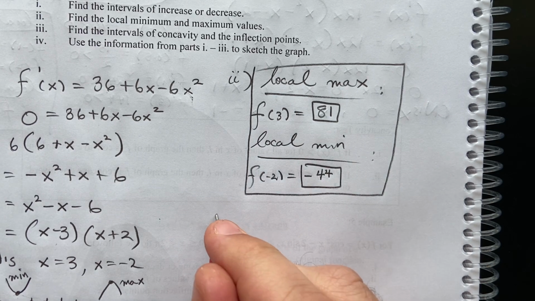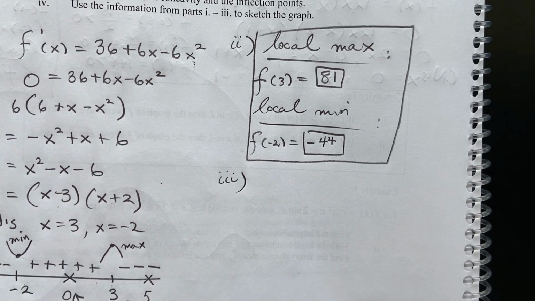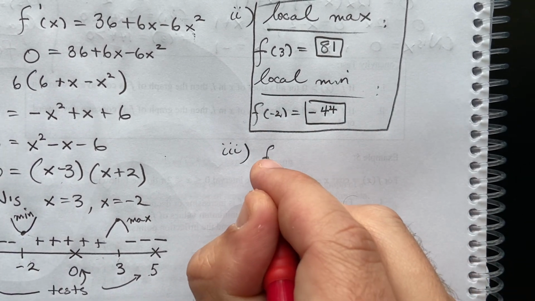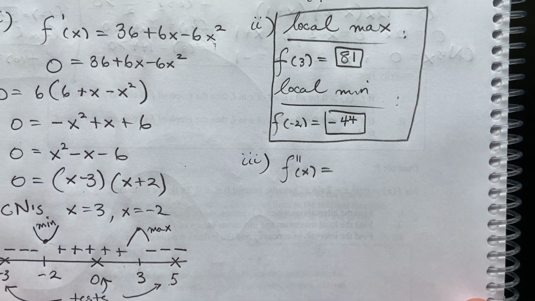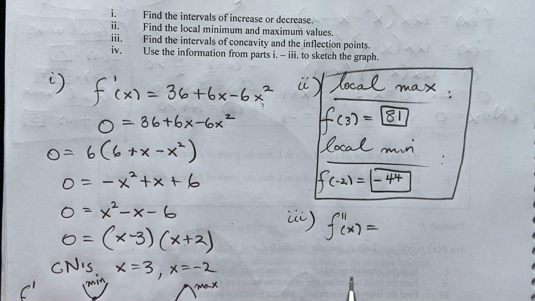Okay, so part 3 says find the intervals of concavity. So for concavity, we're now talking about the second derivative. Okay, so we'll have f double prime. So now I'm taking the derivative of the derivative. So I'm looking here and taking that derivative.